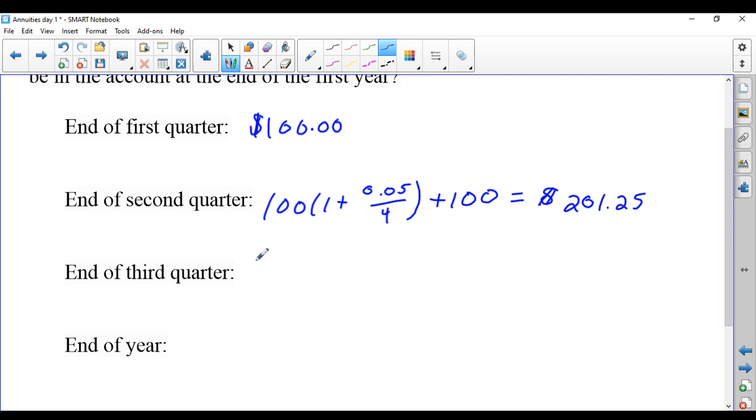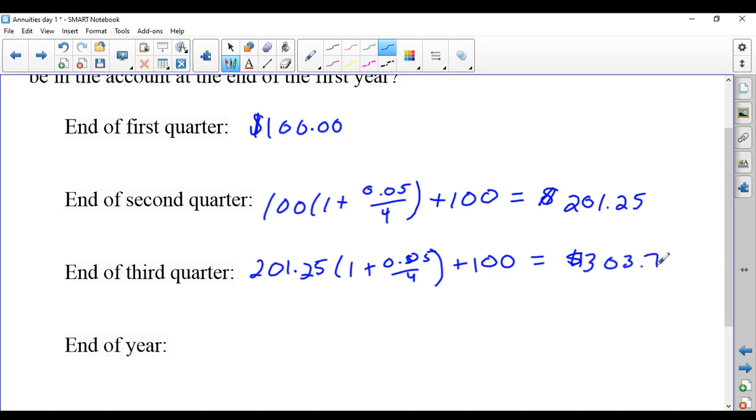Then at the end of the third quarter, you're going to earn interest on that $201.25. You're going to multiply that by 1 plus 1/4 of 5%. And again, you're going to deposit $100 of your income. So at the end of the third quarter, this is $303.77.